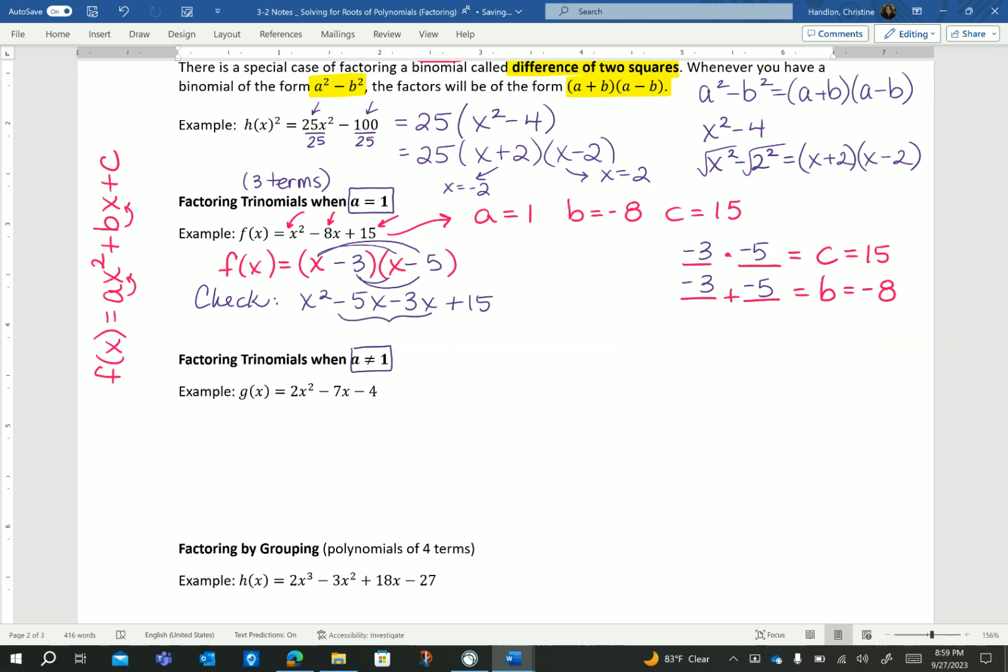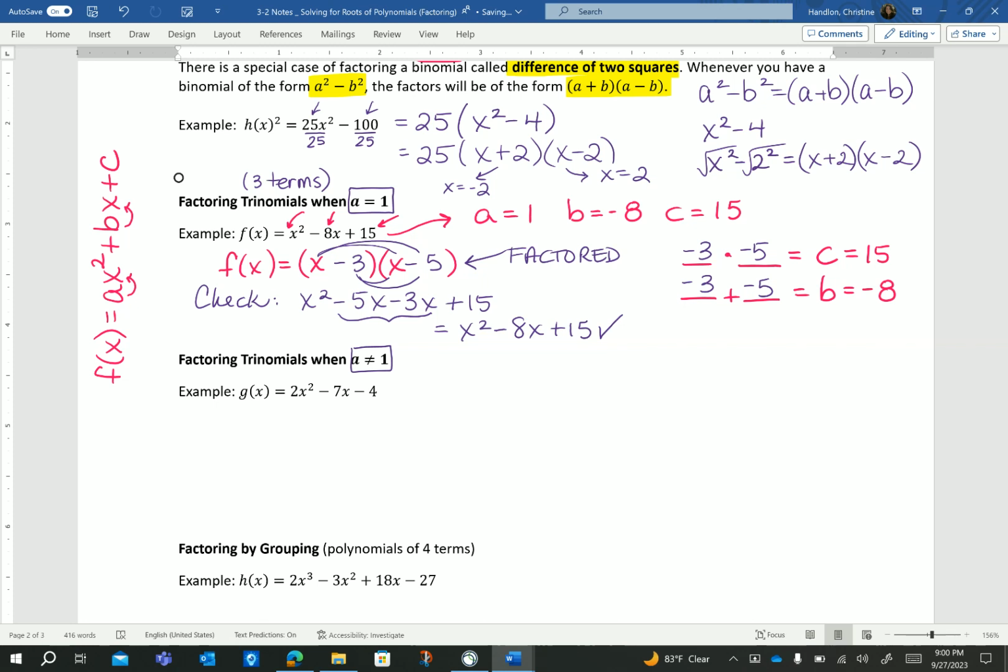If I combine my like terms, it's going to be x squared minus 8x plus 15. And isn't that the problem that we started out with? It sure is. So I'm done. So that's the factored format of my polynomial. And I'm done. Okay? But look what happens when a is not 1.